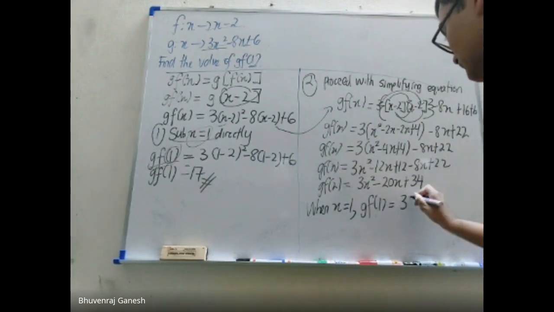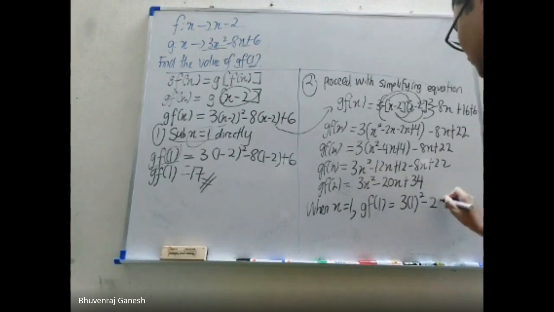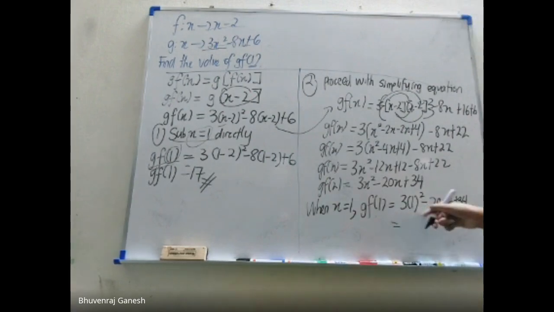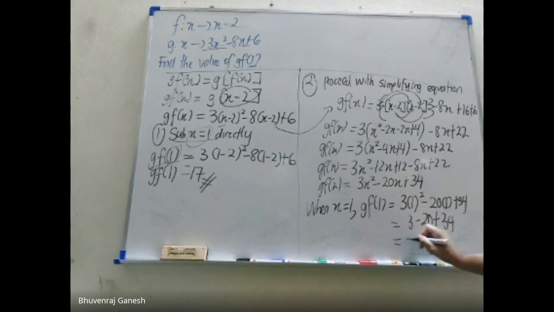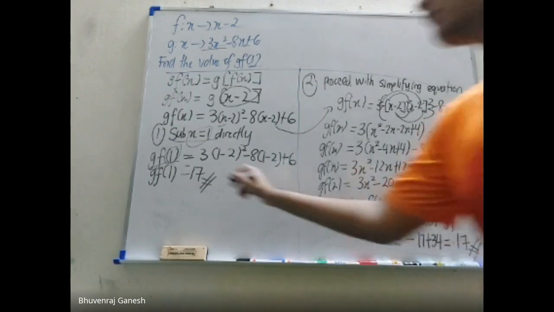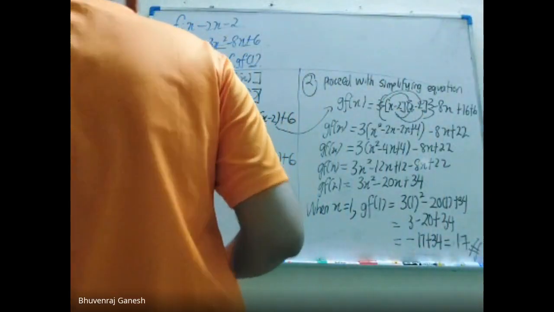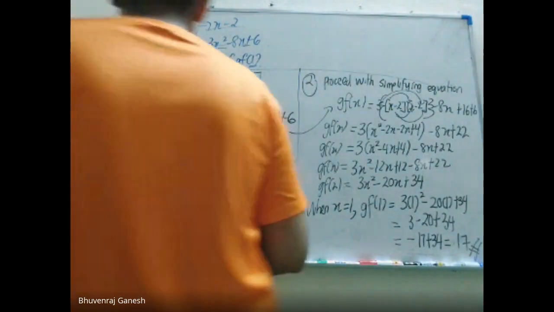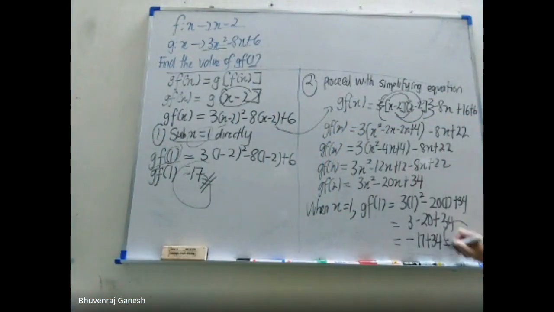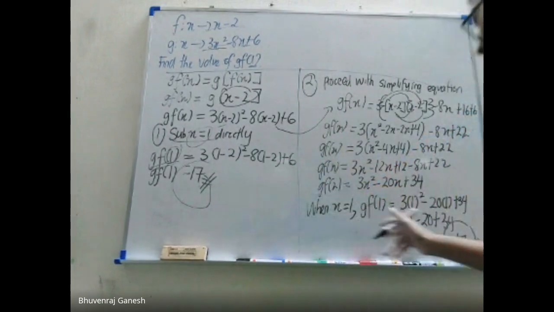If you substitute your 1 here, you count and see: 3 times 1 squared, you get 3, minus 20, plus 34. So negative 17 plus 34, you get 17. Isn't it the same? Yeah, this is 17, correct. You see? Two different methods, but give you the same answer.